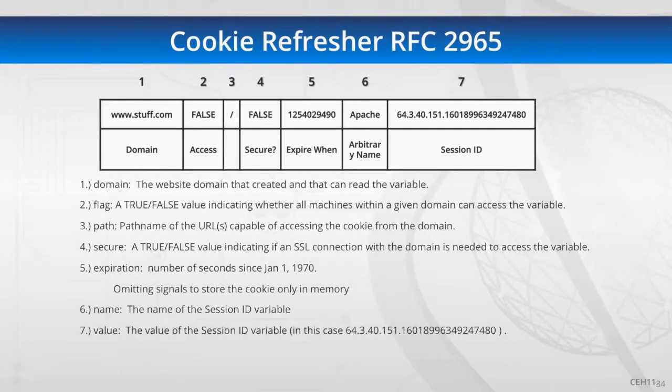Okay. So here is RFC 2965 and the 7 parts of a cookie. Domain, flag, path, secure, expiration, name, and value. The last one, number 7, is the session ID variable. That's a really long string, and it gives us information back.